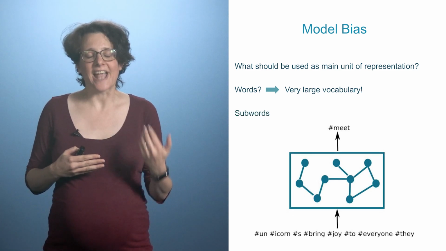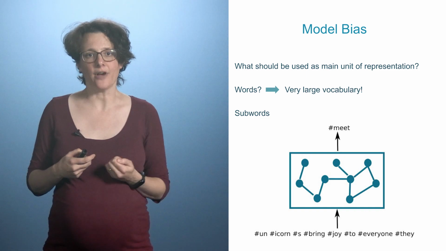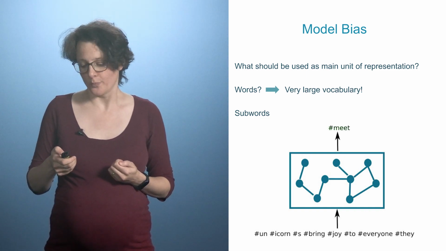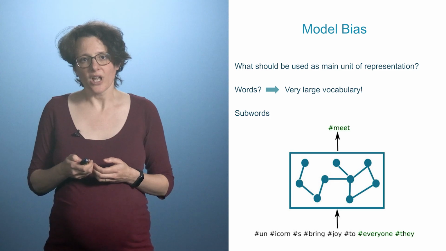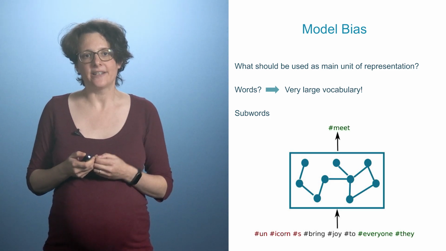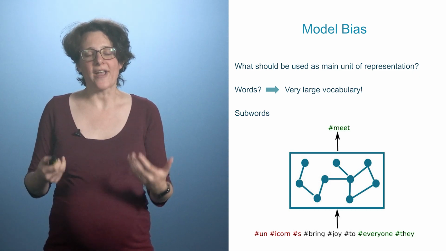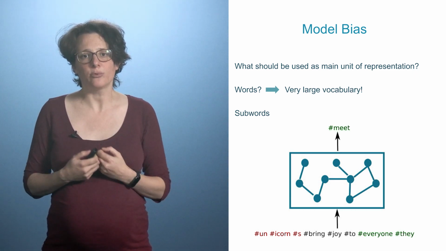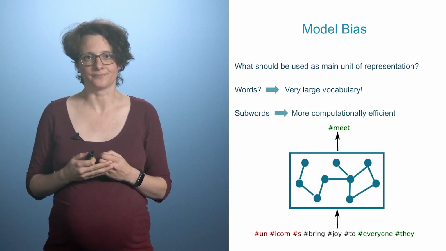A subword can correspond to a word in the case where it is frequent enough. For example, the word meet, the word everyone, the word they. But in the case of a rarer word like unicorn, it is split into smaller units. So effectively, subwords reduce the vocabulary size and make the model more computationally efficient.